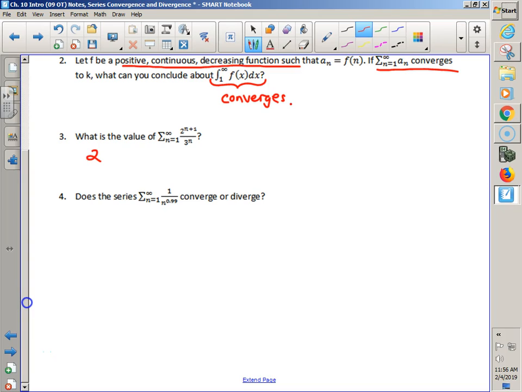This one, why am I pulling out a 2? Did you guys figure out this was a geo series with the common ratio being 2/3?